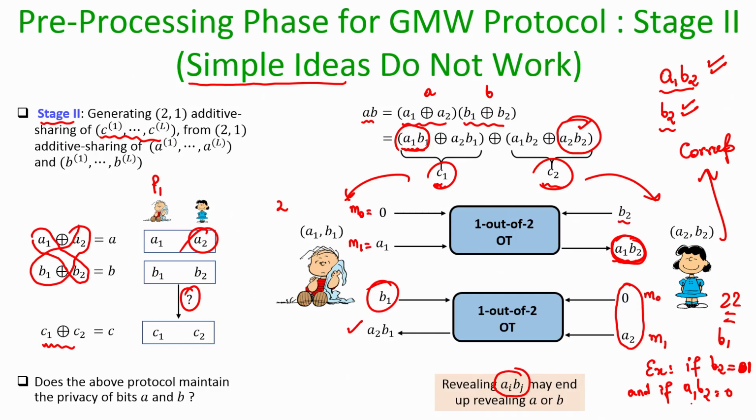But since she is getting A1 times B2 to be 0 and her own share B2 is 1, she learns that A1 is 0. And if A1 is learnt by the second corrupt party, she already has the second share of A, and that along with the first share of A helps her to completely find out what is the value of A.